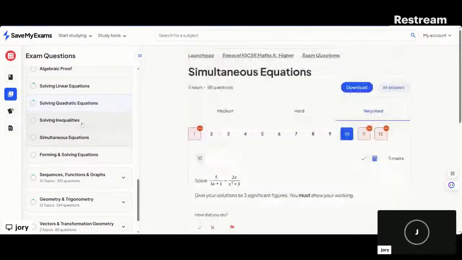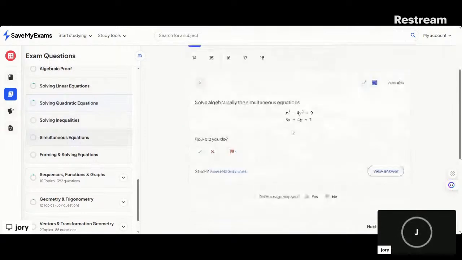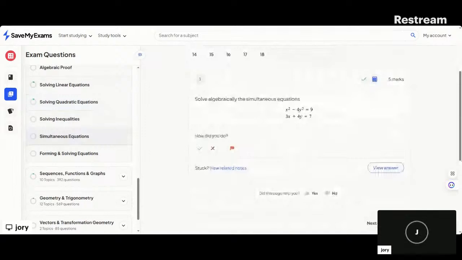I'm skipping to simultaneous because I obviously need help in that. Anyways, we got this. Okay, so I think to do this one, I need to find a value for x and then substitute. x squared minus 4y squared equals 9.